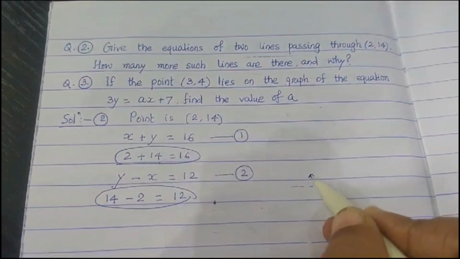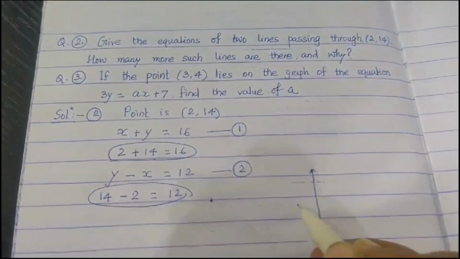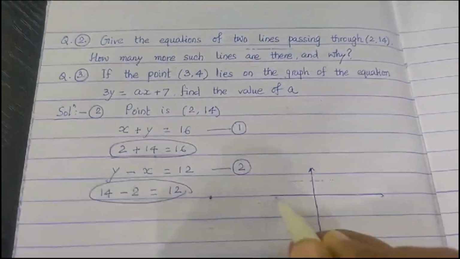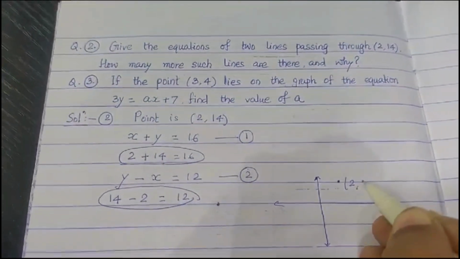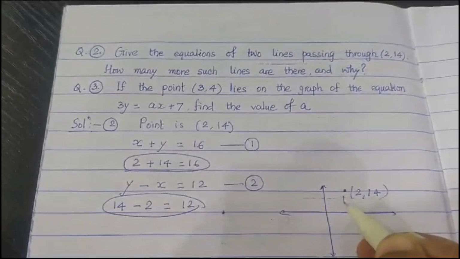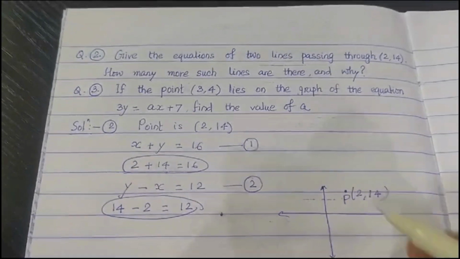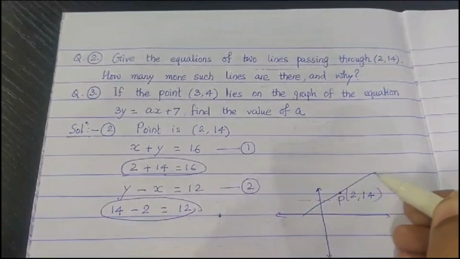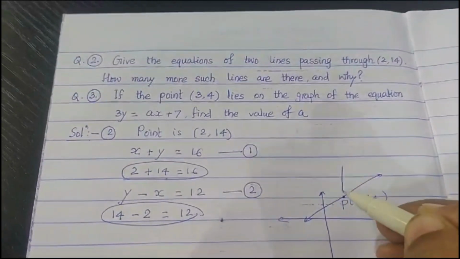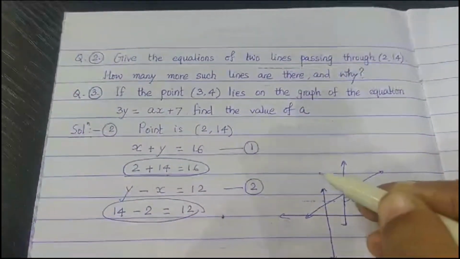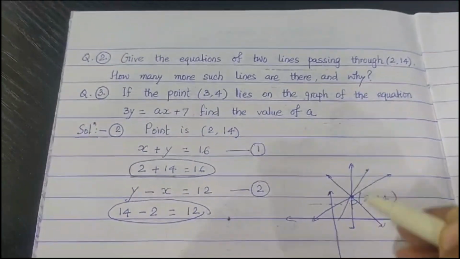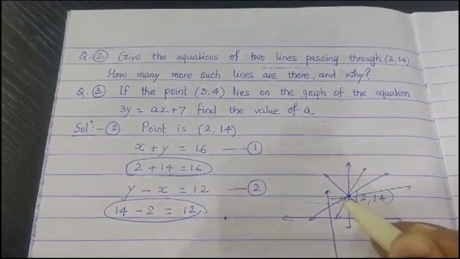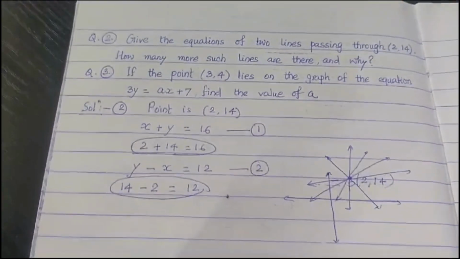Let us suppose this is the point (2, 14), the point we have been given in the question. Through this point we can have an infinite number of lines. Infinite lines will satisfy this point, and we can write infinite equations.